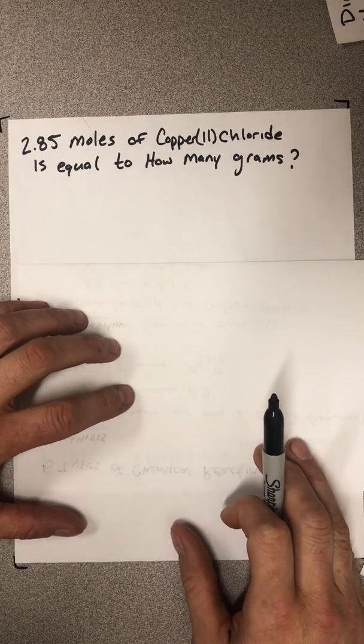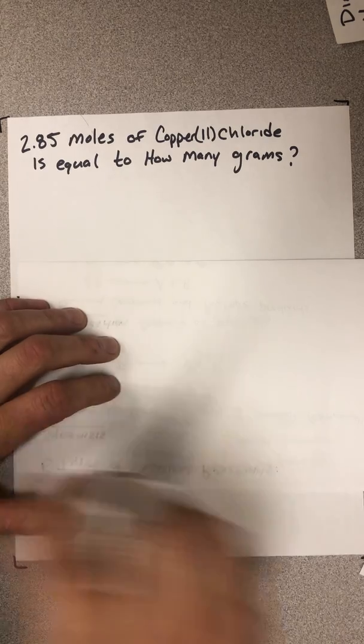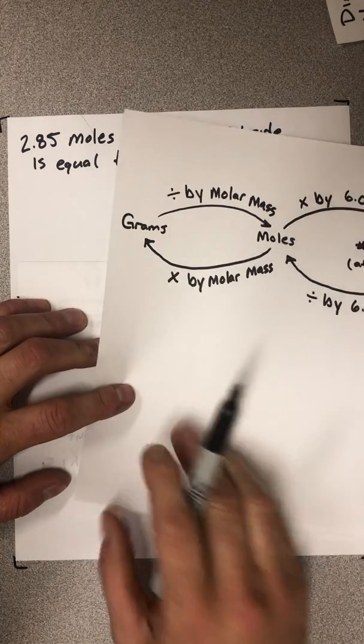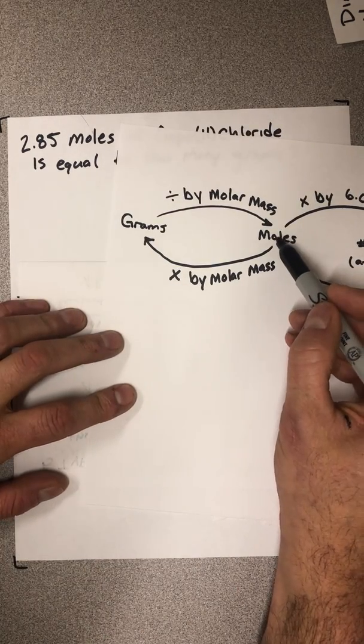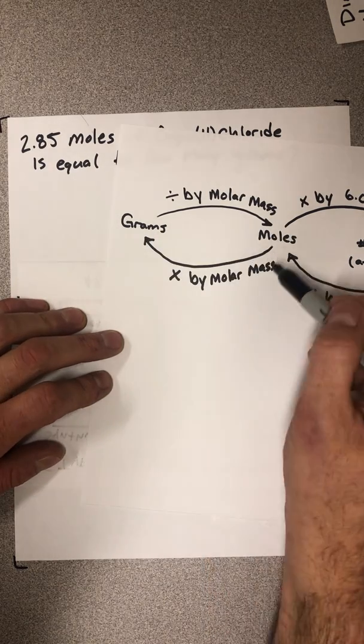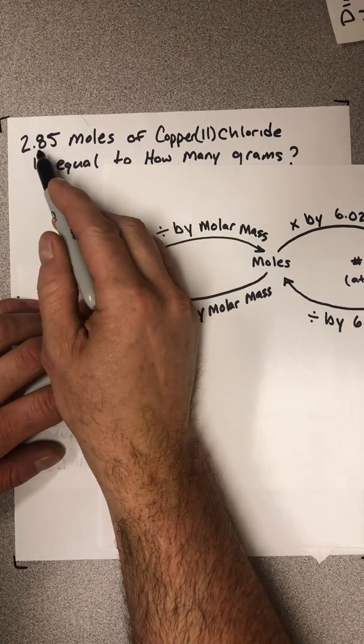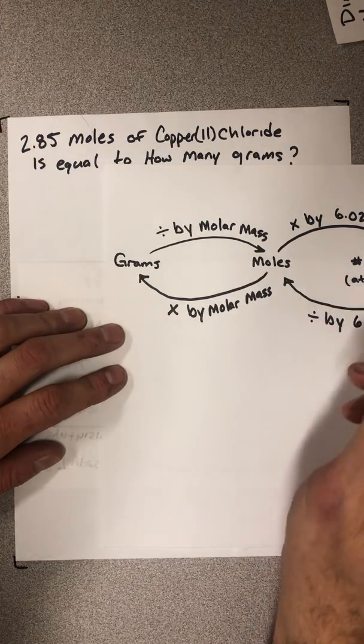So here's a couple of practice problems we'll do. Here, this one says 2.85 moles of copper(II) chloride is equal to how many grams? And so here in this question, we're starting with a number of moles, and we want to go to the number of grams. And so to do that, we're going to multiply the initial number of moles, 2.85, by the molar mass of the compound.